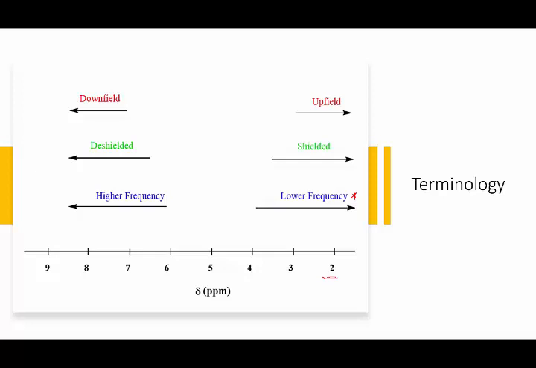So they're going to be upfield to the right. The ones that have become de-shielded, so the electrons have been pulled away from those atoms, they're going to be further downfield, so further to the left, and it's going to take higher frequency electromagnetic radiation to cause these nuclei to flip their spin.